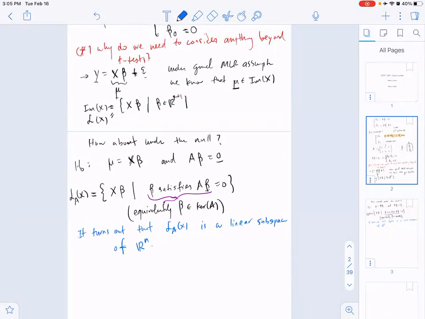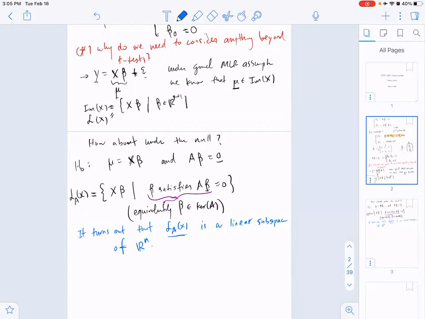I'm claiming this is also the column space of X. This is another set, and I'm claiming that this is also a linear subspace. A linear subspace, as Avery said, is a set that's closed under vector addition and scalar multiplication. So add two vectors in this, and the result is there.